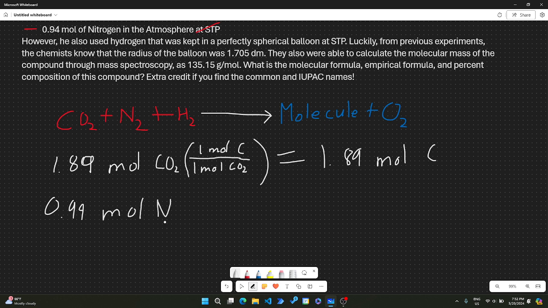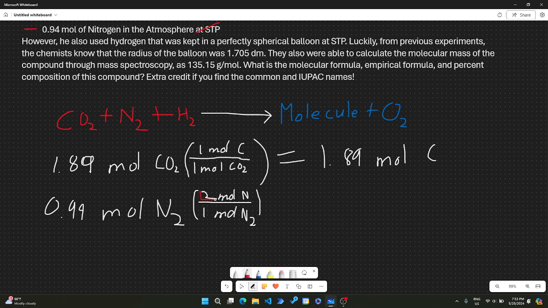Well, that's it, we're done, right? Well, no. Remember, this is nitrogen in the atmosphere, so this is N2, because nitrogen is diatomic. So now we know that for 1 mole of N2, there will be 2 moles of nitrogen. And now it's more obvious here.